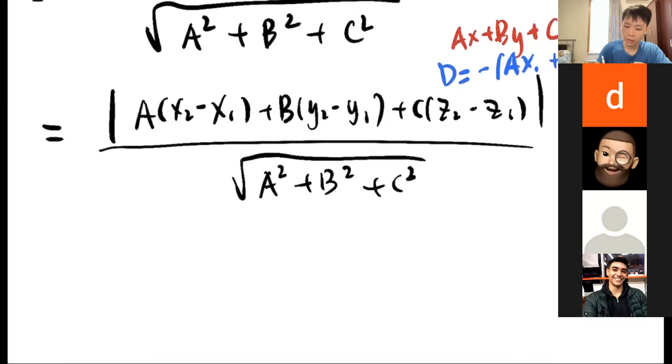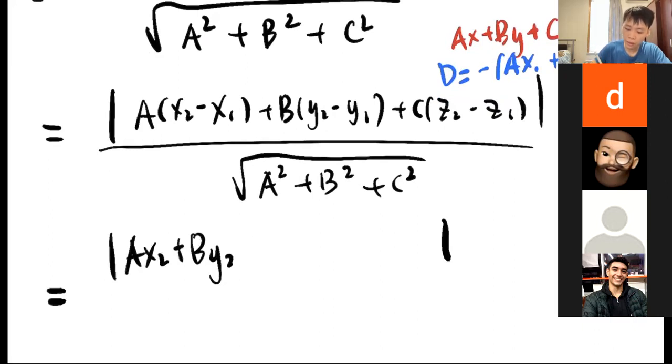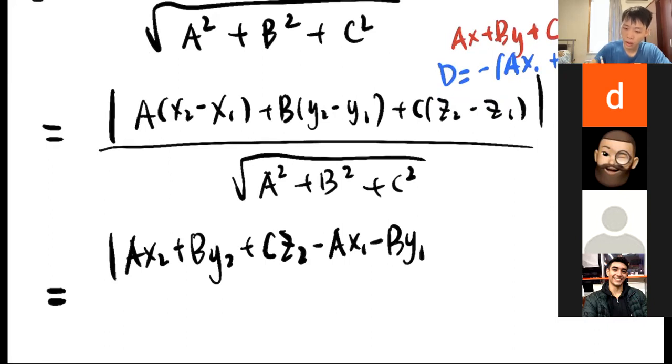So when you distribute the top part, you have ax2 plus by2 plus cz2 minus ax1 minus by1 and then minus cz1.